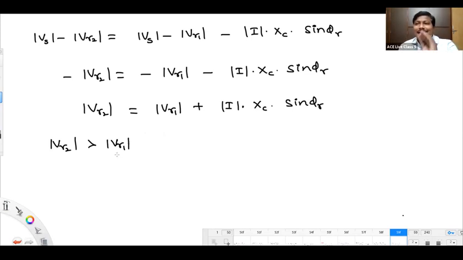So definitely there is a rise in the receiving end voltage magnitude because of the series capacitor addition. Particularly, we are discussing a lagging load.